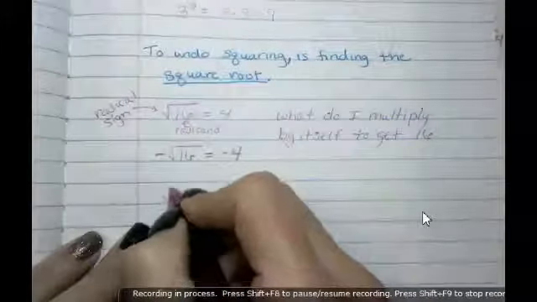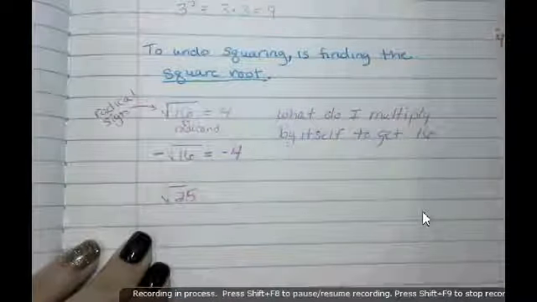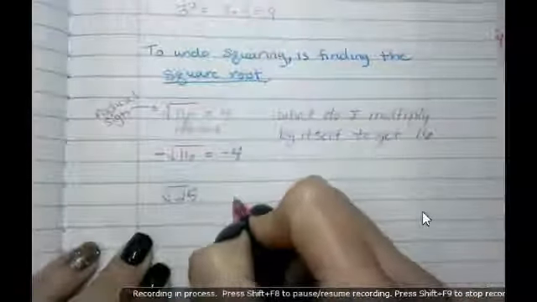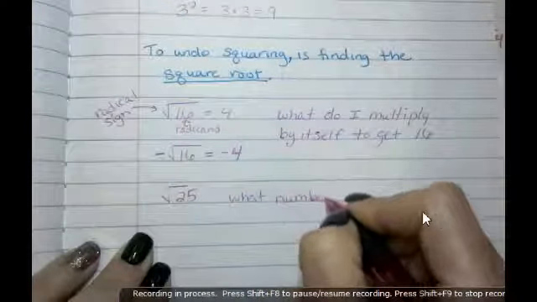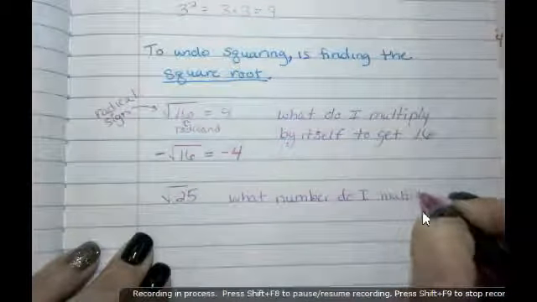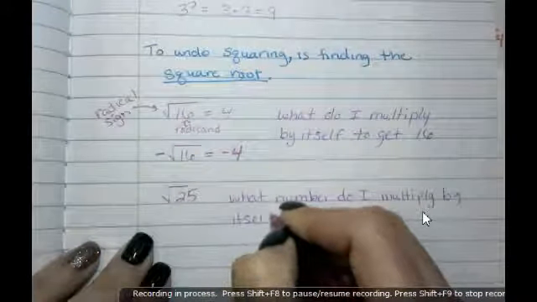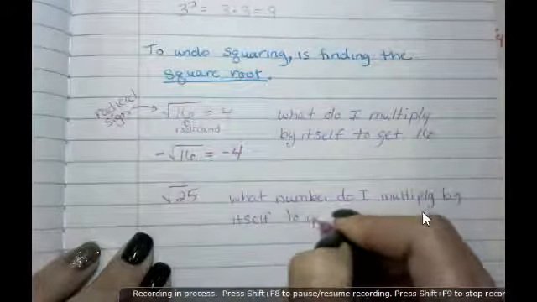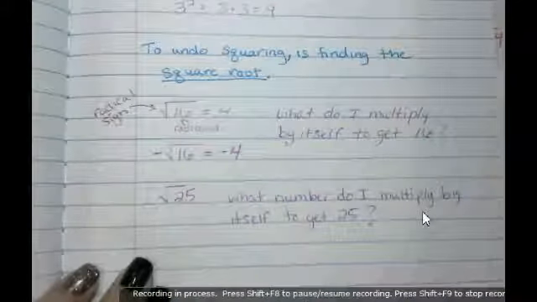Let's try another one. The square root of 25. So my question this time is, what number do I multiply by itself to get 25?